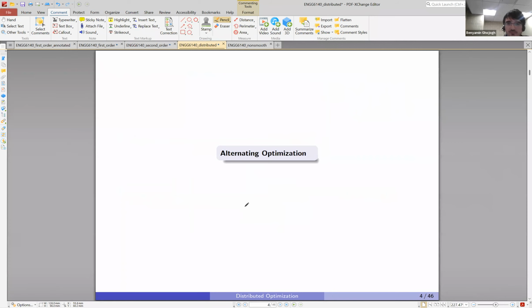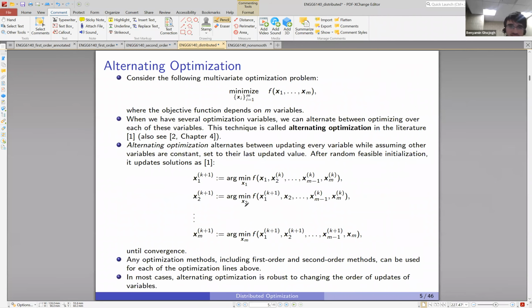Now let's see alternating optimization. Consider the following multivariate optimization problem. Minimize this cost, which is a function of m variables, x1 to xm. When we have several optimization variables, we can alternate. So this slide is about alternating optimization.